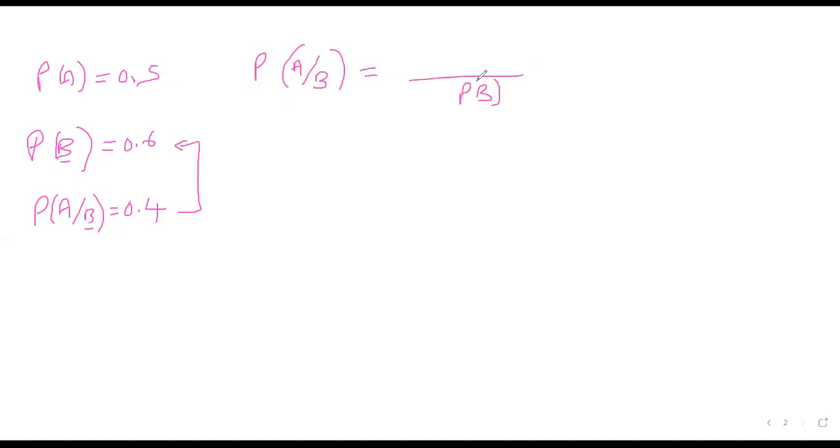Here we have A intersection B. So A given B is 0.4, and the intersection is what we're looking for.